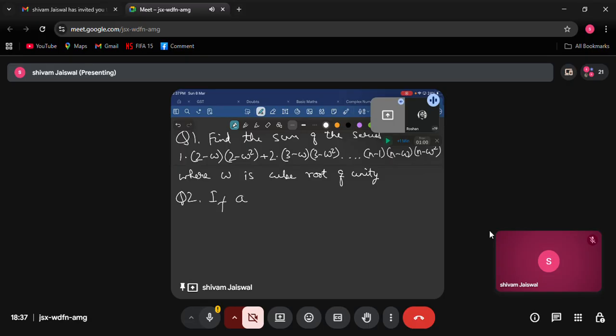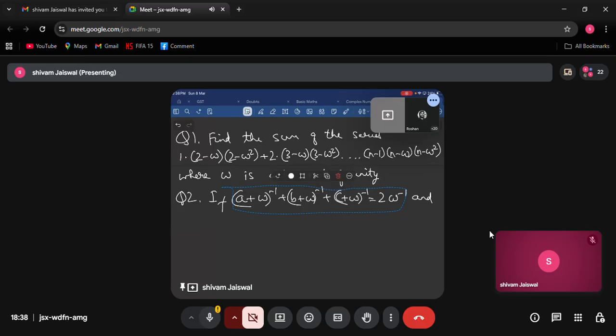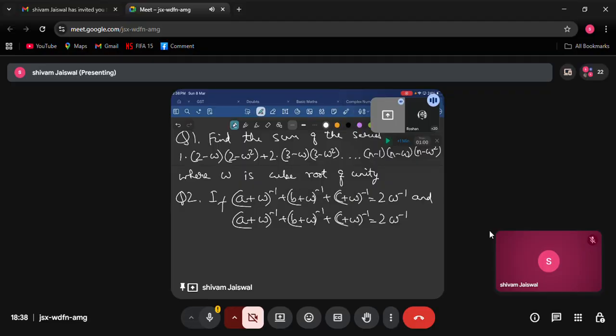Question number 2. If a plus omega whole inverse plus b plus omega whole inverse plus c plus omega whole inverse is equal to 2 omega inverse, and the same equation with omega square, a plus omega square whole inverse plus b plus omega square whole inverse plus c plus omega square whole inverse is equal to 2 omega to the power minus 2.